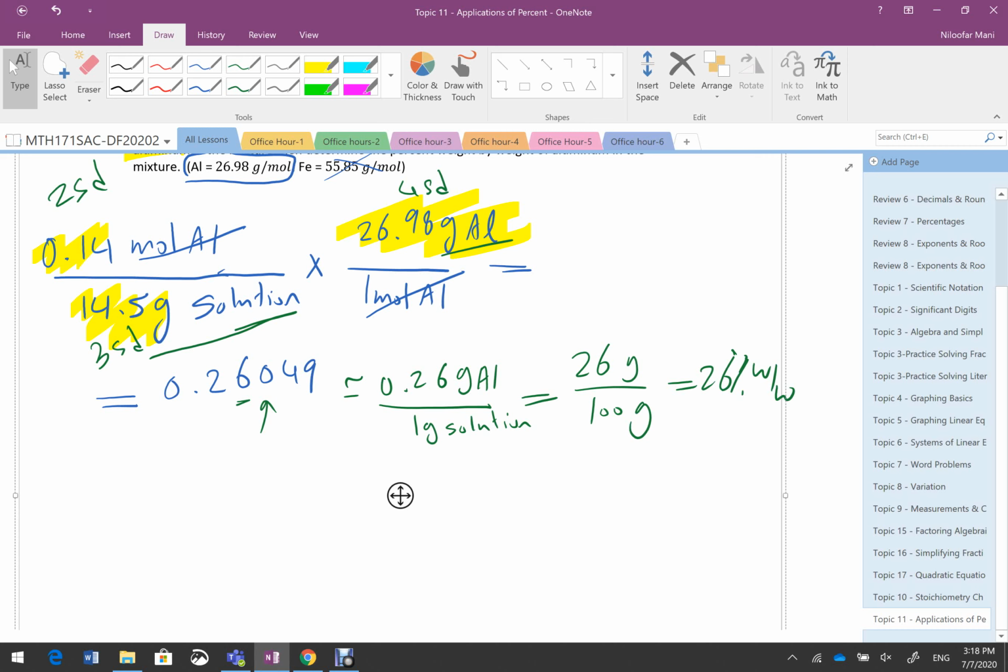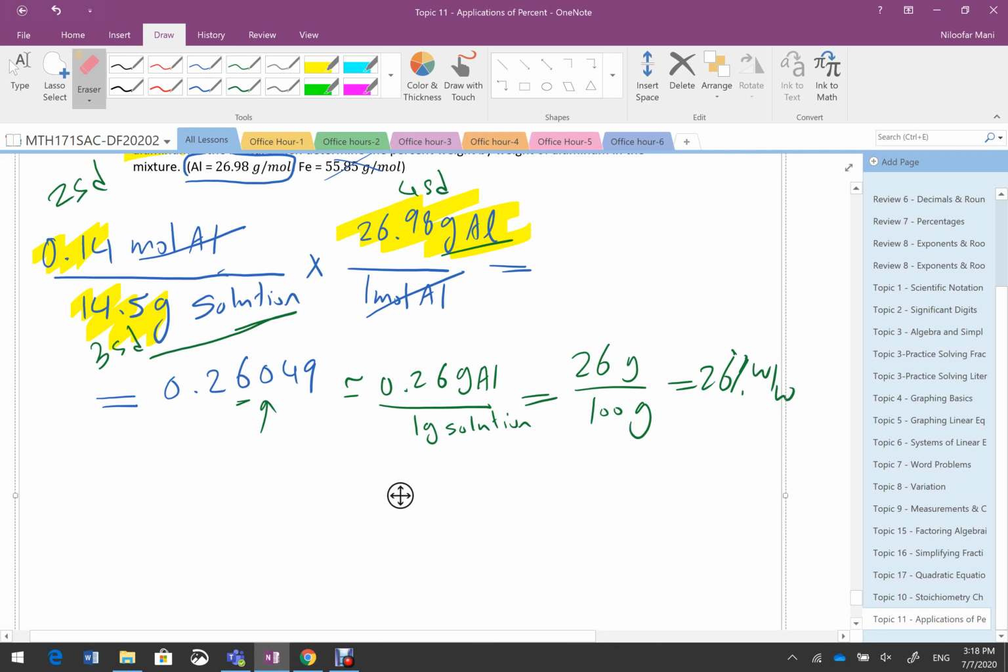So here is 0.26 because it's 0.26 gram per 1 gram of solution. See, when I simplify, this stays. These numbers 0.14, 14.5, 26.98, when I calculate, it will be 0.26049. But what do I have as unit?